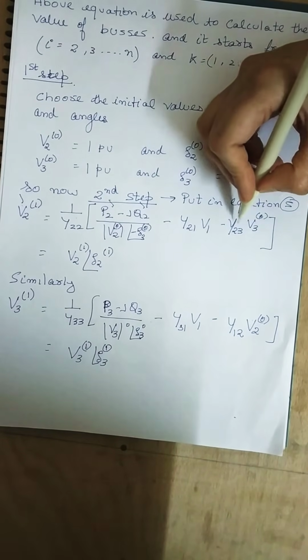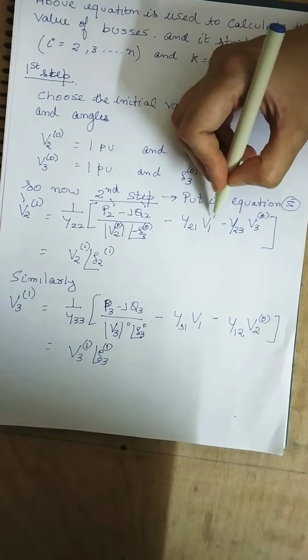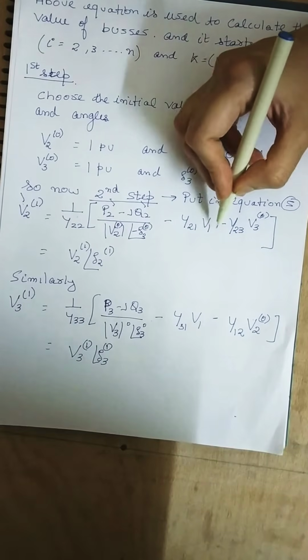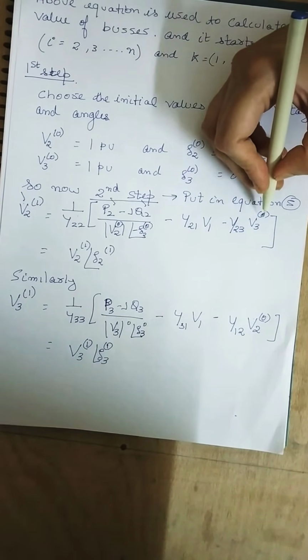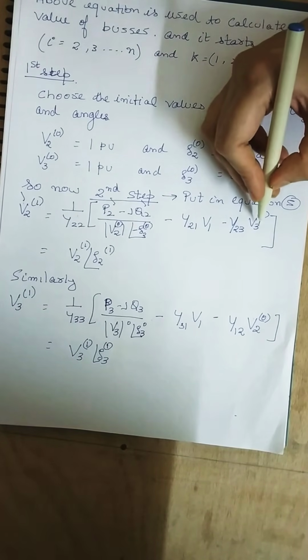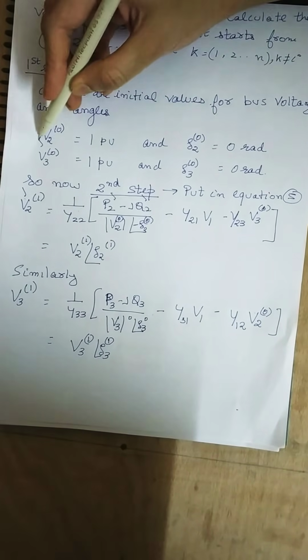So I will write Y23 V3 with an initial value. V1 is the slack bus, so no need to use an initial value for it, because it is already given. The values which are not given have to be used as initial values. We have to find V3, so that's why we put it as an initial value. We will use the initial value of V3.